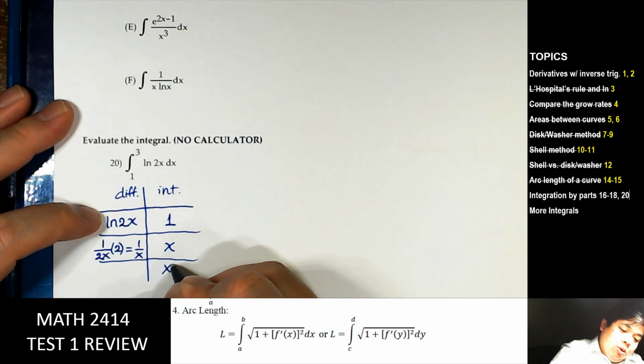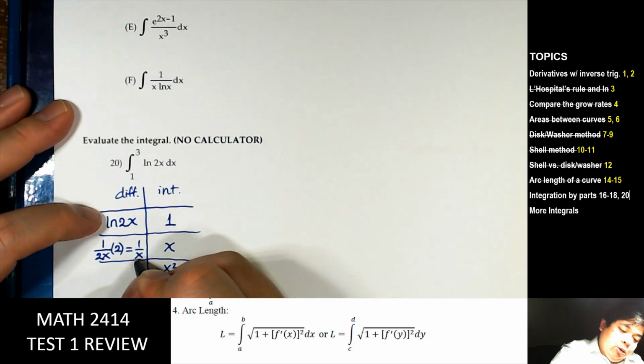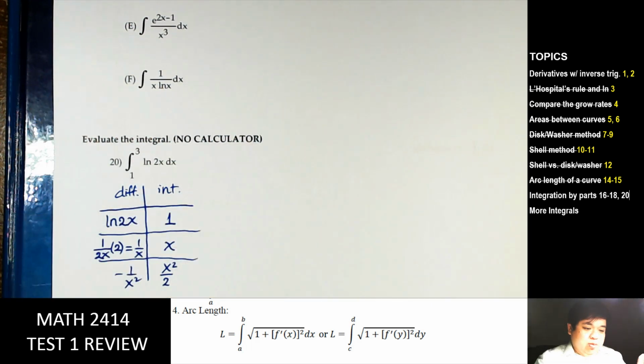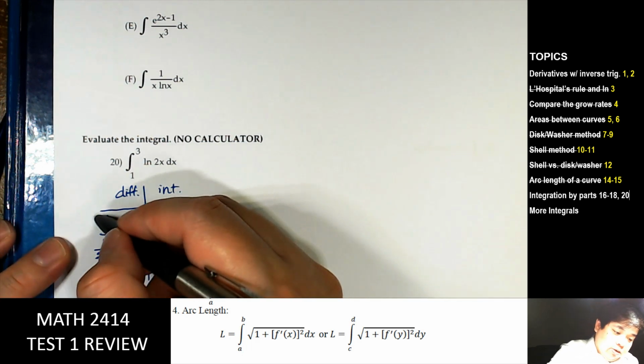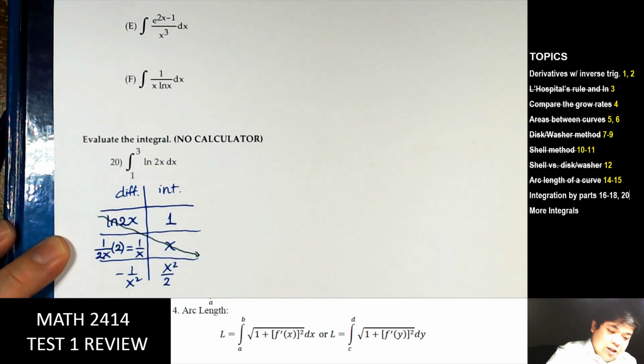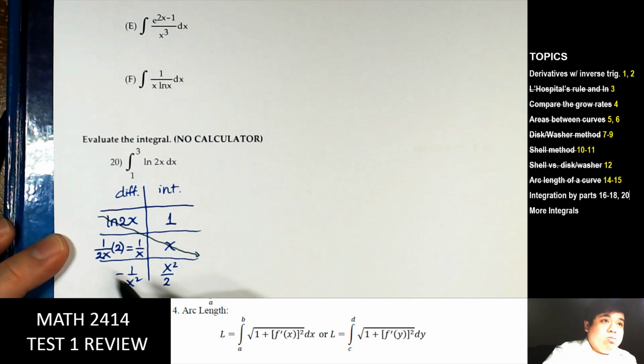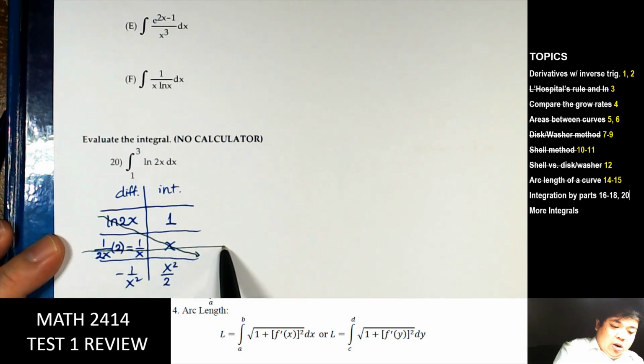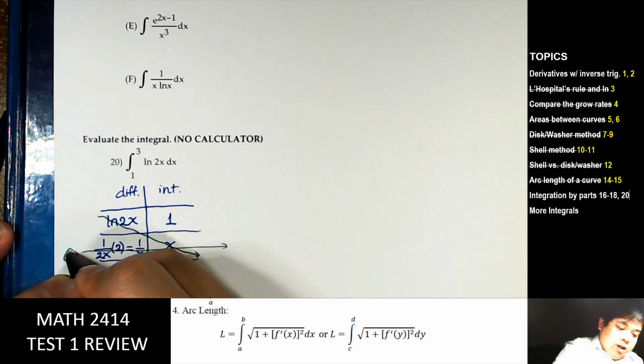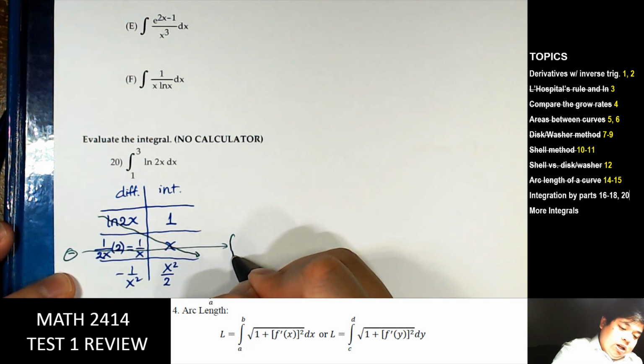If we keep going, it will be x squared over 2, and then negative x squared, but that doesn't help us. None of that goes to 0. So the first diagonal is still there. If we keep doing the diagonal, it will not help us. So we just do the horizontal line, and then we're going to start with the integral.